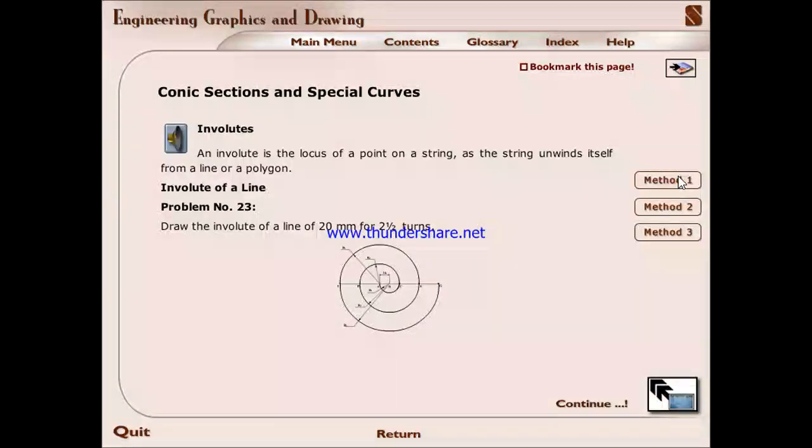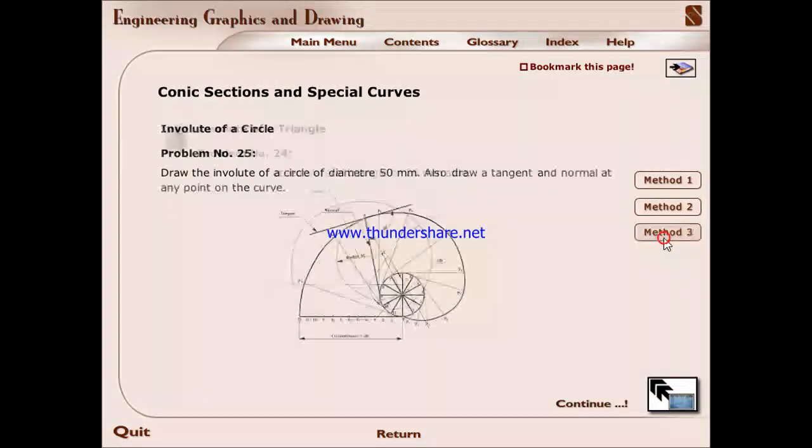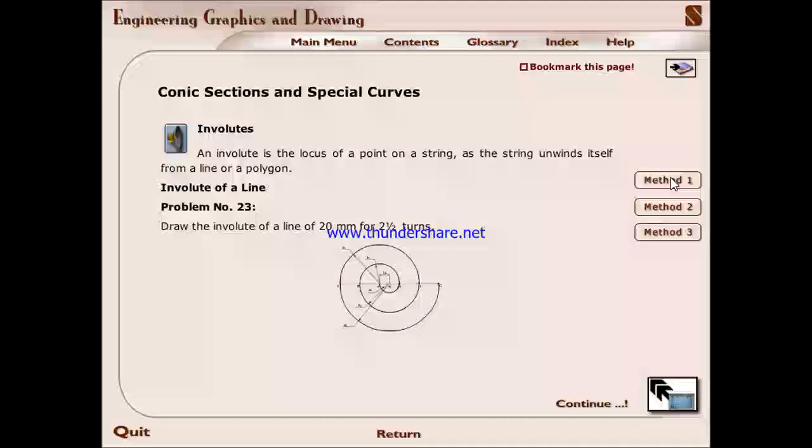First method, involute of a line. Second method, involute of a triangle, and third method, involute of a circle. So in this way, the involute methods are available.